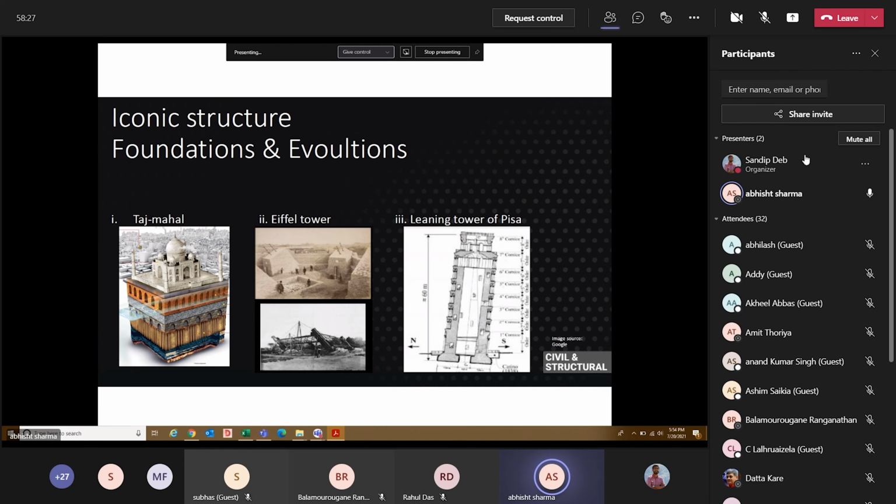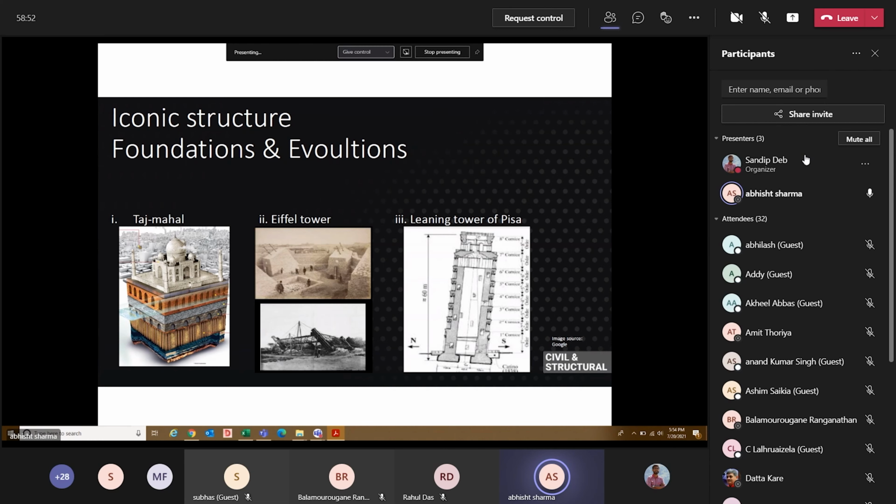Then a few iconic structures, if you look at them, show foundations and their evolution in the past. In the Taj Mahal, they have used timber piles, and at a few places they have used well foundations as well, because it is constructed near the bank of the Yamuna.